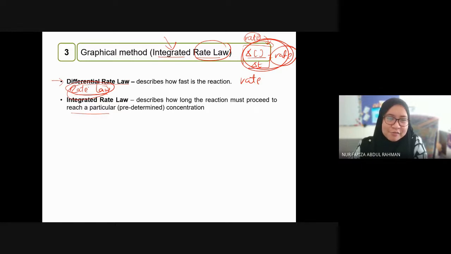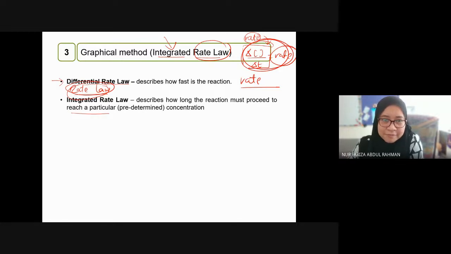So we are missing that parameter. We don't have that parameter in the rate law, and it is normally not described in the differential rate law. The differential rate law usually gives the value directly. Sometimes you have to calculate it, provided the information is given to us. If not, it only gives the rate. How do we know the time?